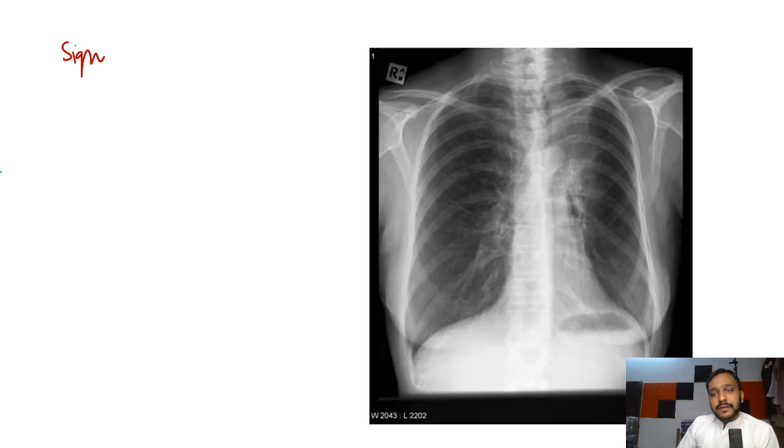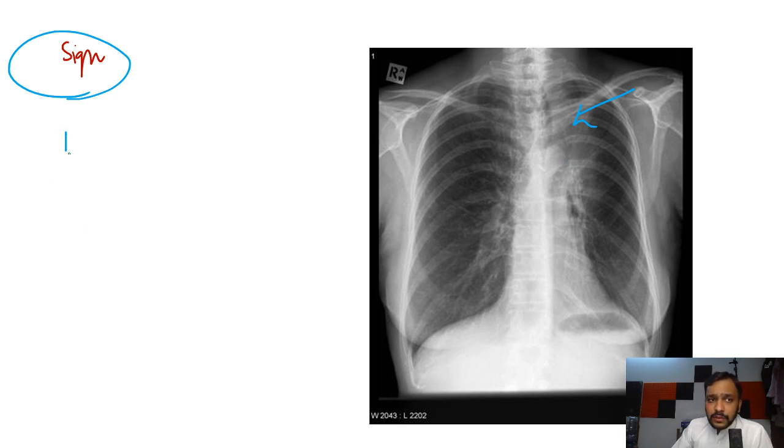Okay, so coming to the next case, I was asking you to identify the sign. First of all, we will look at the abnormality in this case. We see a homogeneous opacity in the left upper lobe, along with which we see a translucency along the arch of aorta, which is making the margins of the arch of aorta very sharp.